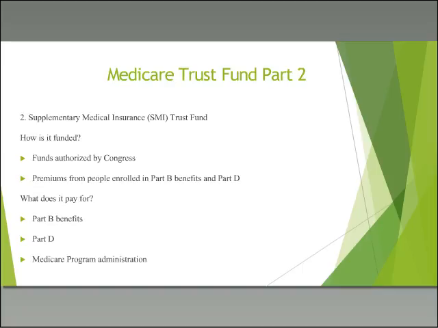The Supplementary Medical Insurance Trust Fund. How that is funded: funds authorized by Congress and premiums from people enrolled in Part B benefits and Part D. What does it pay for? Part B benefits, Part D, and Medicare program administration.